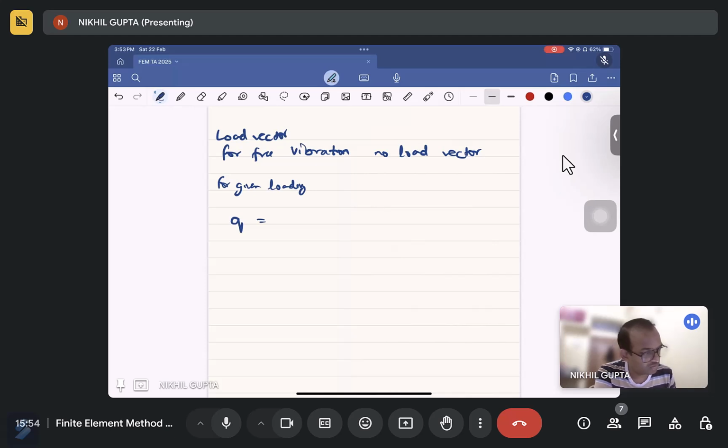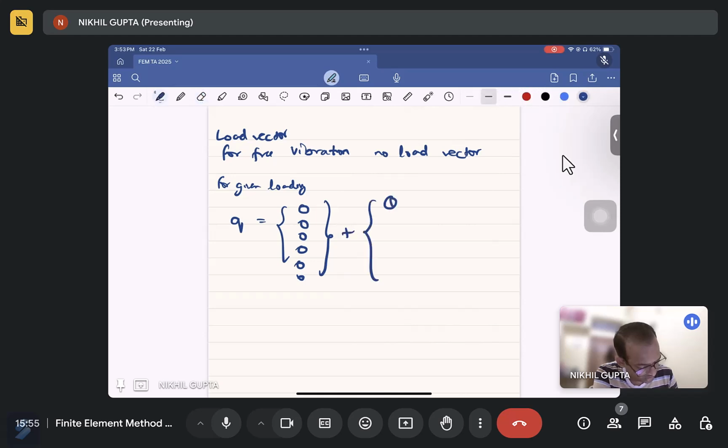So Q will go as 0, 0, 0, 0, 0, 0 plus the reactions Q1, Q2, Q3, Q4, Q5 and Q6.